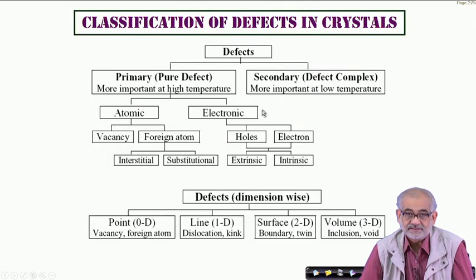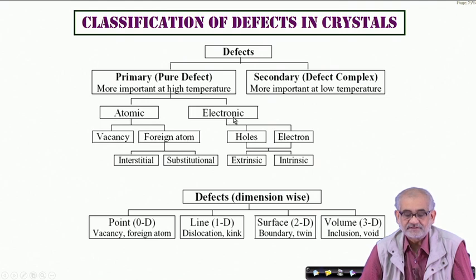Now, the overall landscape of the possible defects allows you to classify them into so-called primary and secondary defects, where primary essentially means pure defects, which are usually present only at high temperature. You can have defects with regards to the atoms or defects related to the electrons, so you call them atomic disorder or electronic disorder. In the case of atomic disorder, we just discussed that we can have vacancies or foreign atoms, and the foreign atoms could either be interstitial or substitutional.